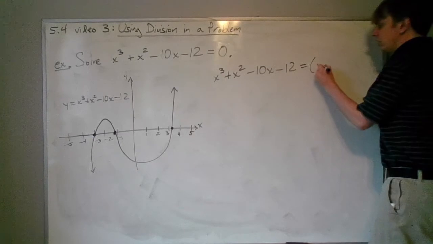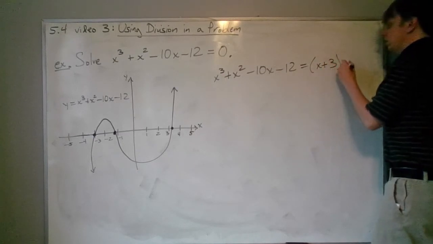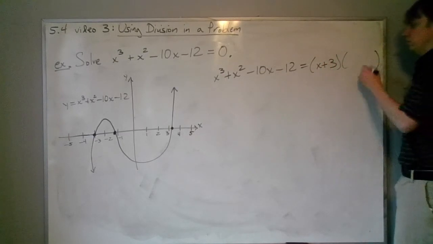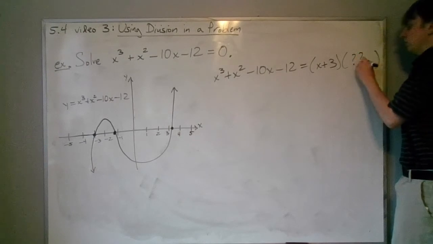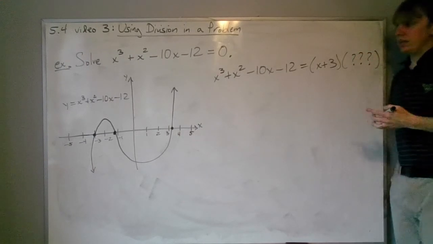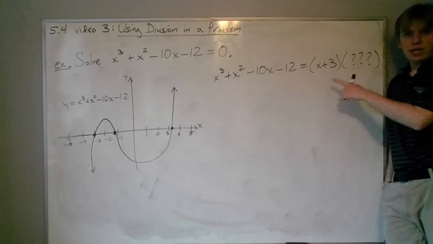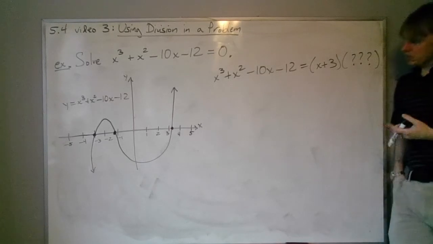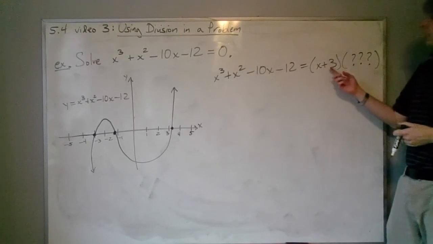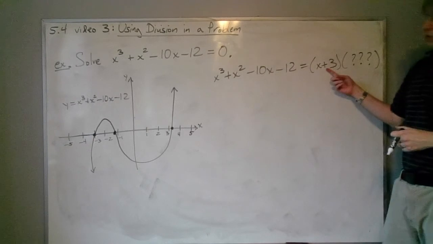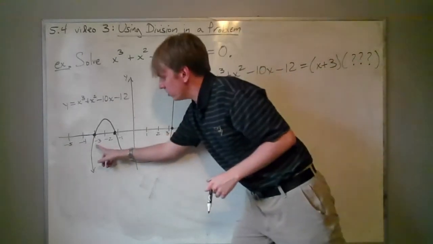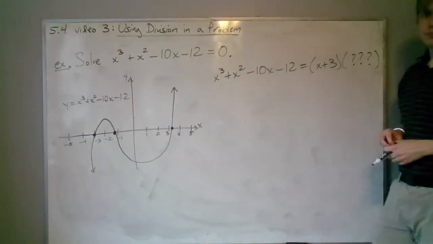It would have to look like x plus 3 times something. I'm not really sure what this something is, but I think that this guy has to factor as x plus 3 times something. Because then if it did factor, x plus 3 would end up giving us our x-intercept of negative 3.